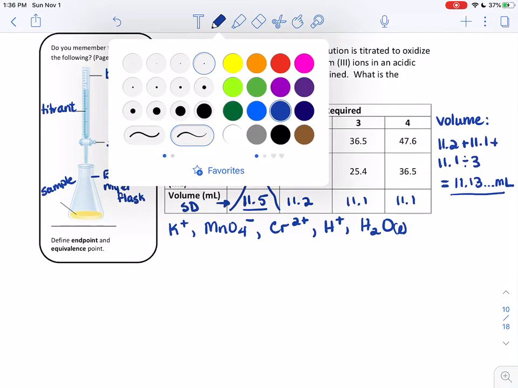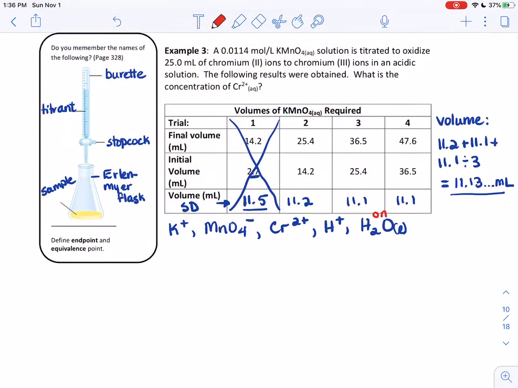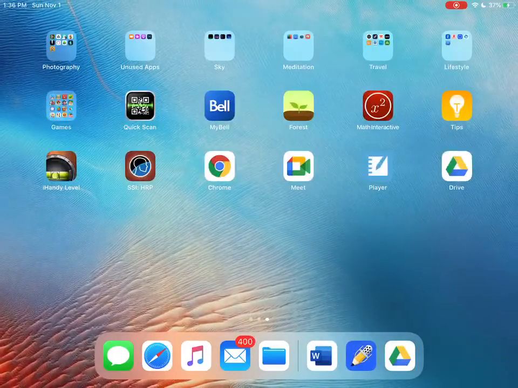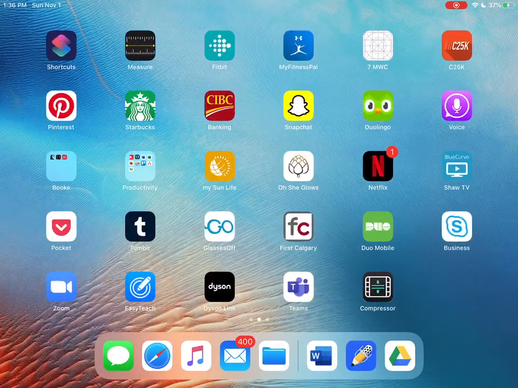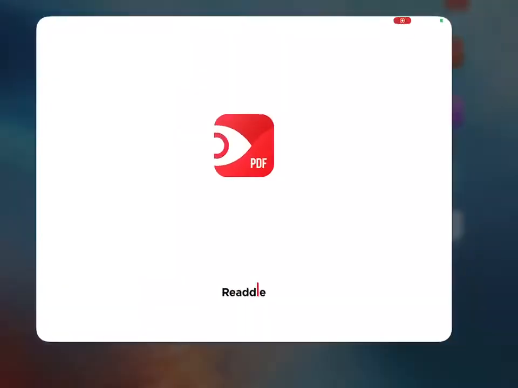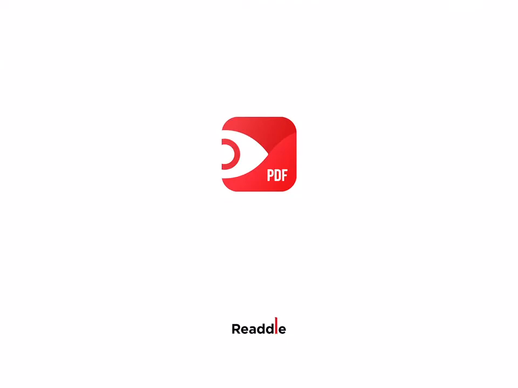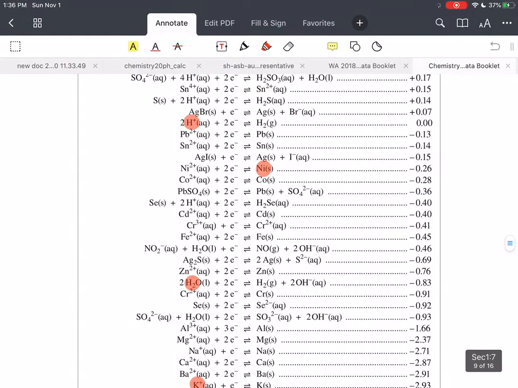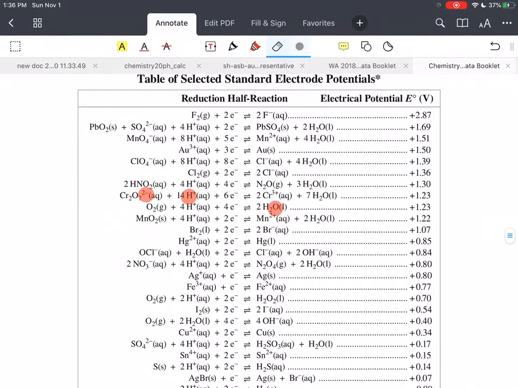All right, so oxidizing agents and reducing agents. So I go back to page 7 in my data booklet, and I look up everything that I've got here. So I've got permanganate this time around.